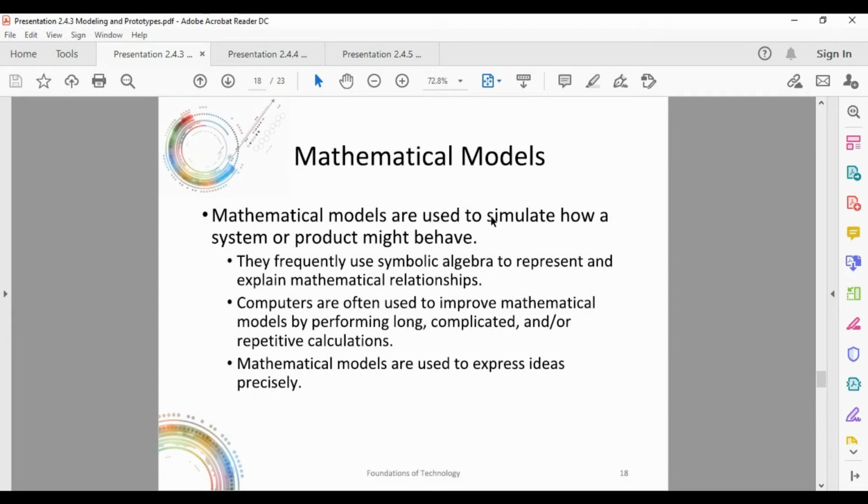Mathematical models are used to simulate how a system or product might behave. They frequently use symbolic algebra to represent and explain mathematical relationships. So there's your variables. Computers are often used to improve mathematical models by performing long, complicated, and/or repetitive calculations, iterative calculations especially.